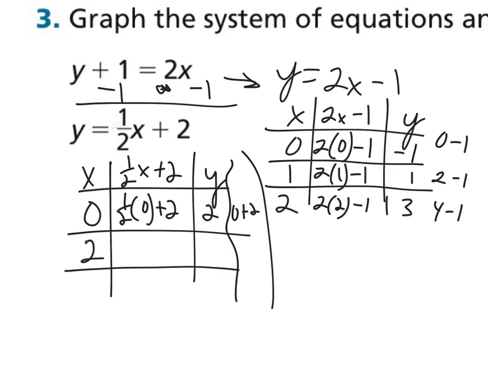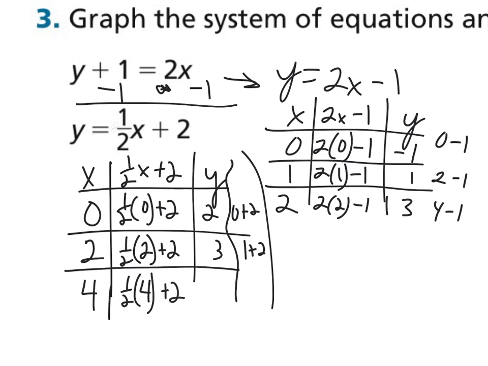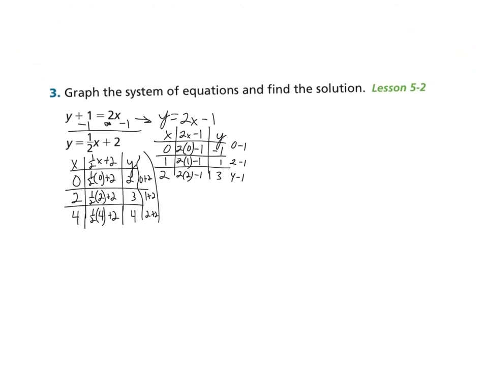Since there is a fraction, whatever the denominator is, I'm going to use that as another x value here. Half of 2 is 1, and then 1 plus 2 is 3. And then we'll use the next multiple of that denominator. So next multiple of 2 is 4. Half of 4 is 2. 2 plus 2 is 4.